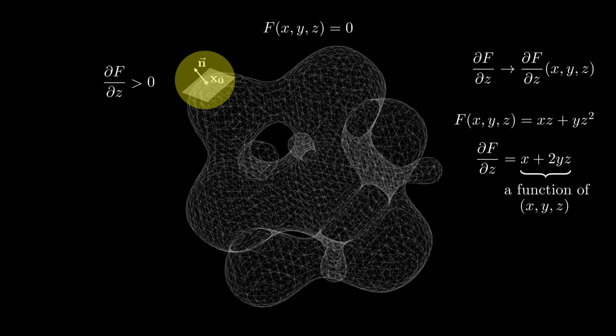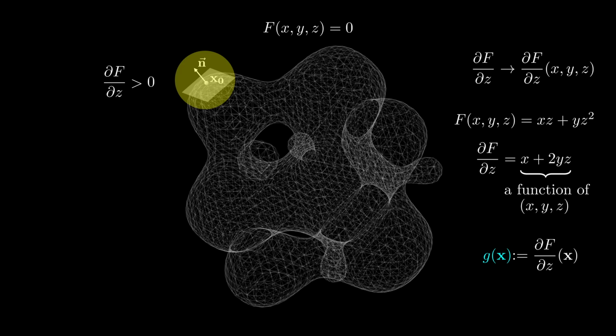As you can see, this is a function of x, y, and z. So indeed, our partial derivative of F with respect to z is another function of the same variables. So I can call it simply g of x, y, z. I'm just giving it a name.